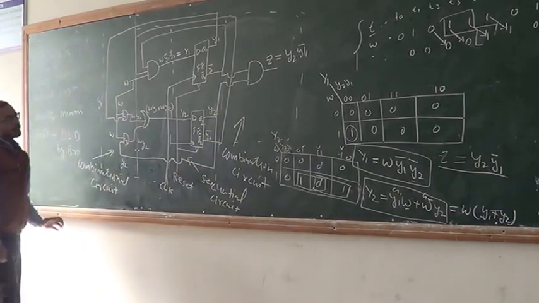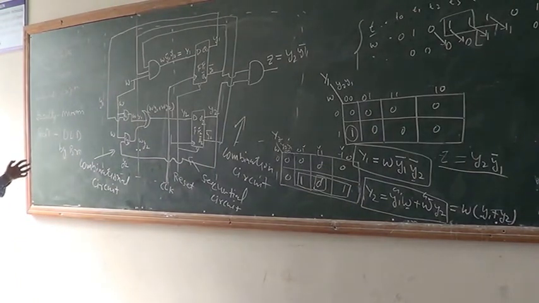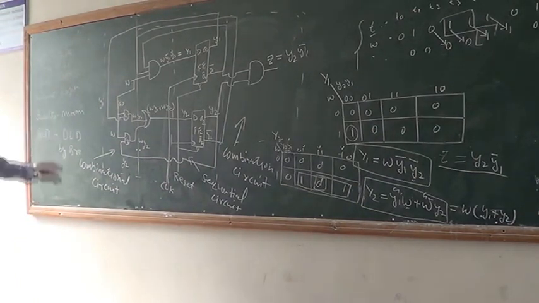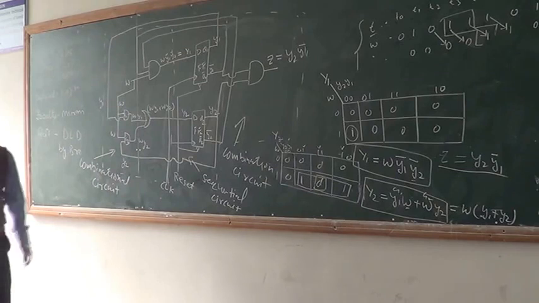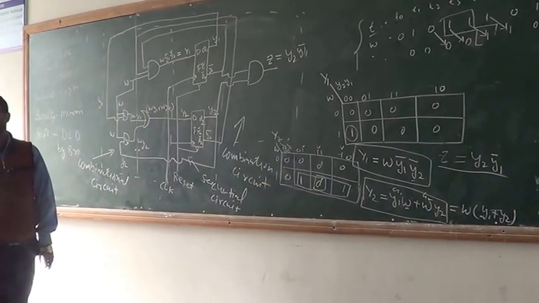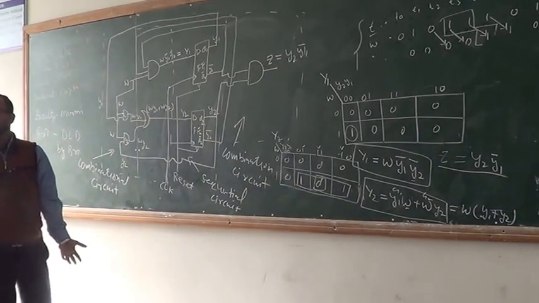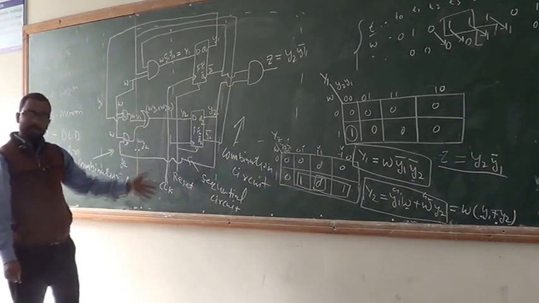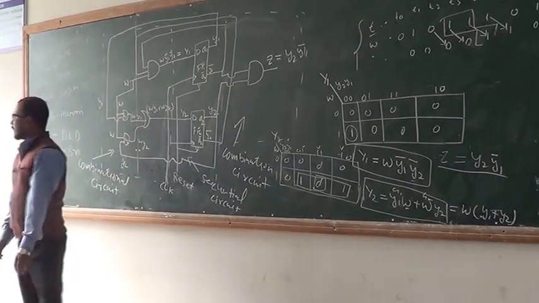That means when we add combinational and sequential circuit, then what do we get? Finite state machine.